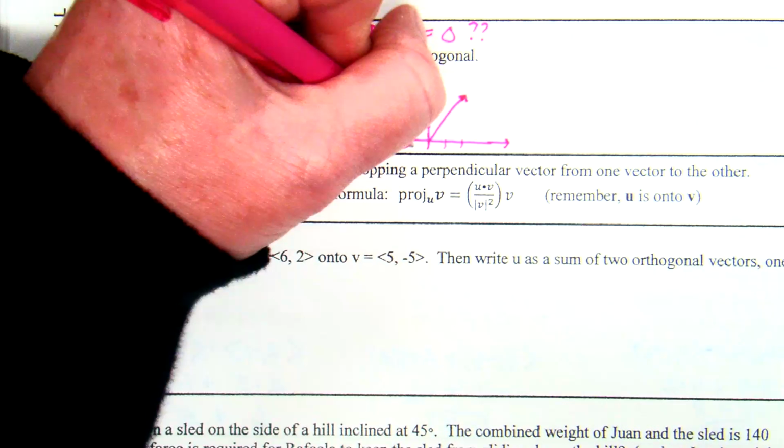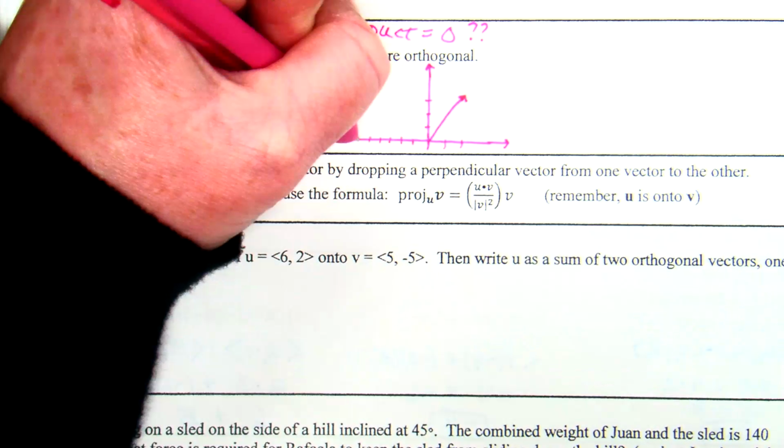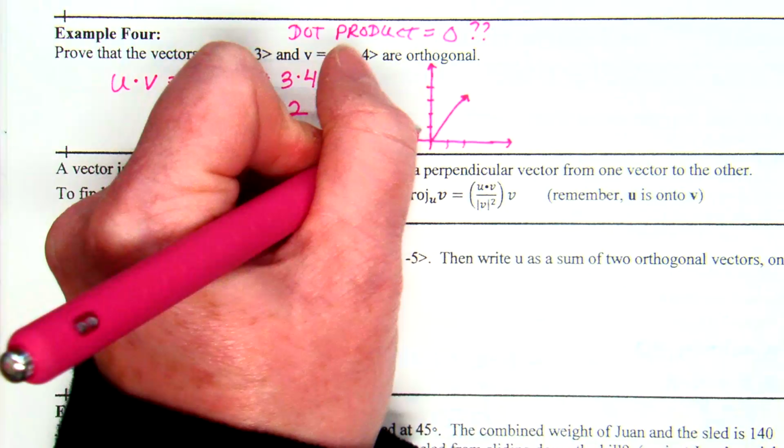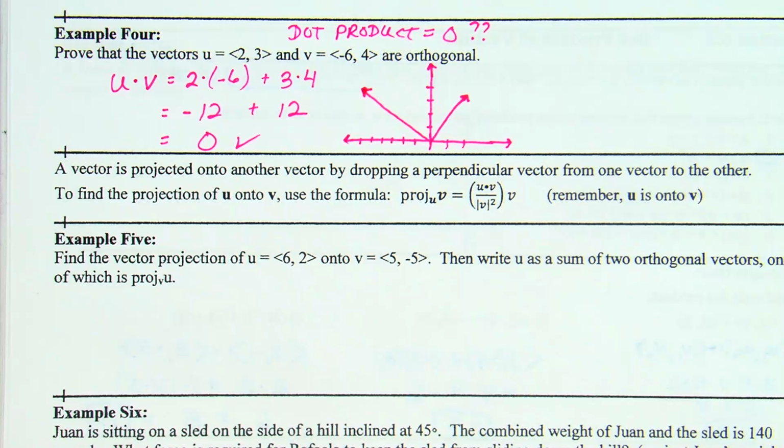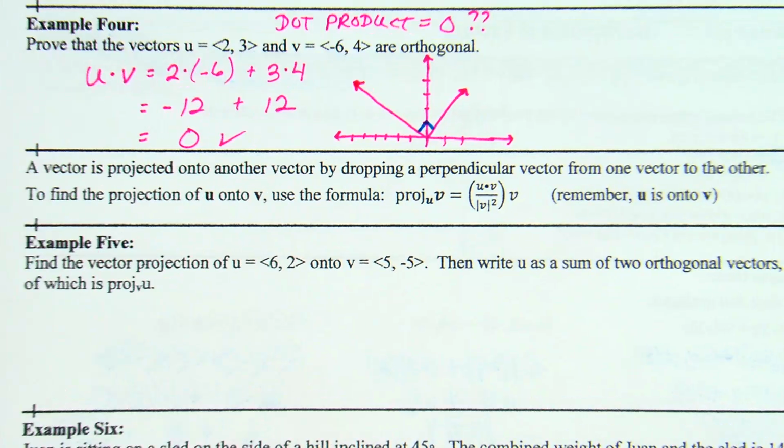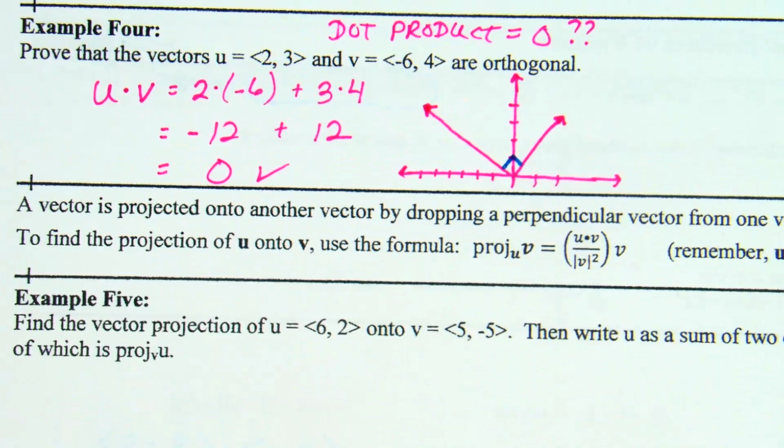And -6, 4, somewhere up there-ish. Good thing this is a sketch, right? Does a picture make you think they're orthogonal? I can see a right angle there, or at least a possible right angle. So there's your picture as a visual that we just showed the vectors are orthogonal because they have a dot product of 0, and the picture just helps confirm it. It doesn't prove it, but it helps us confirm it.